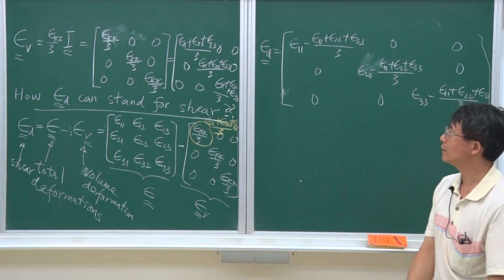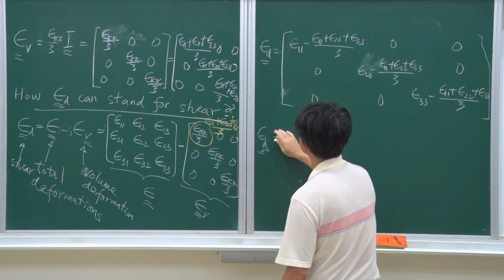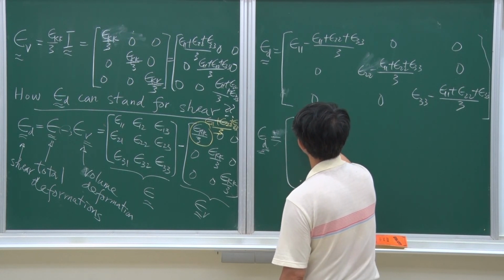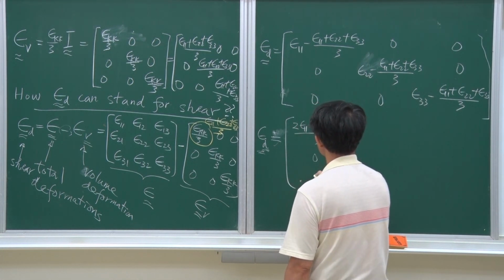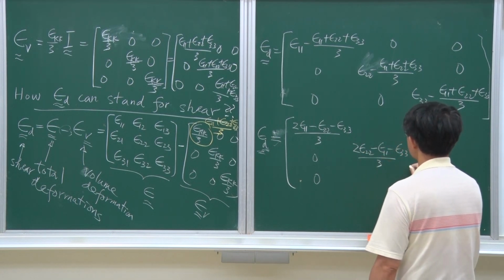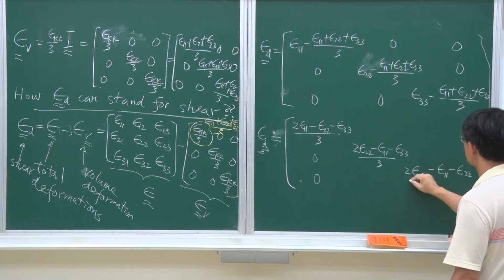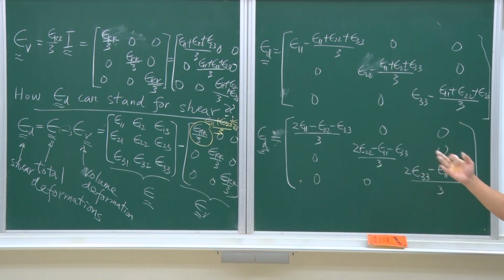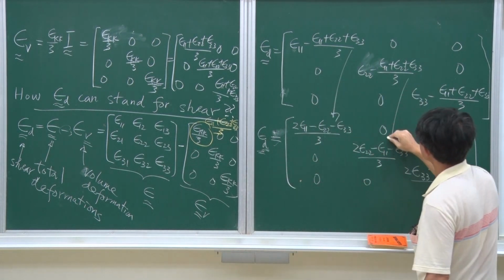We do some simple calculations. We put 3 here and 3 minus here, and then we get this, and this one, and this one.